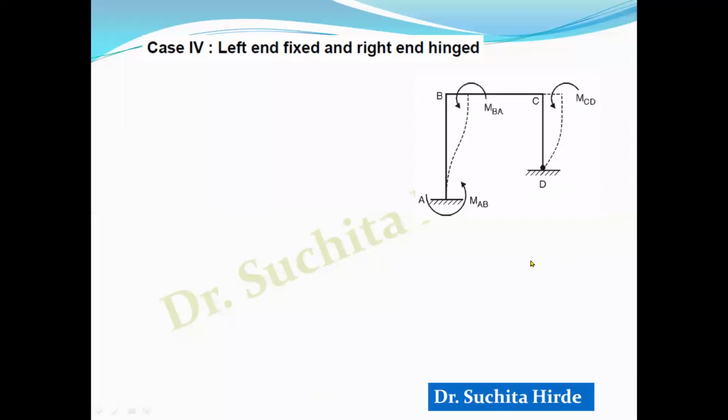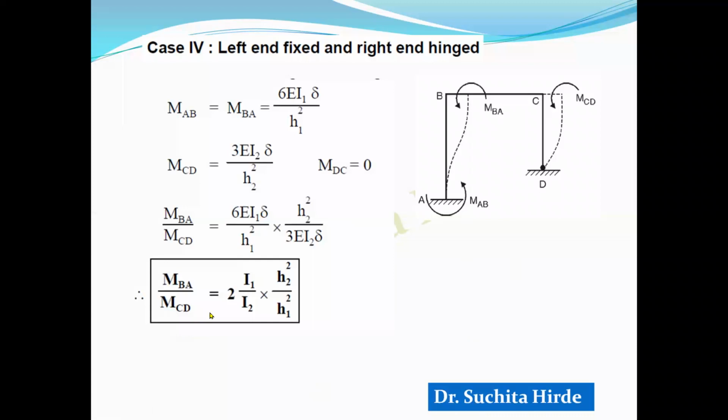Now the last case is when left end is fixed and right is hinged. In this case, we get MBA upon MCD equal to twice I1 upon I2 into H2 square upon H1 square. This is the explanation for this. So in this case, while writing the moment distribution table, we have to write the values at three places.